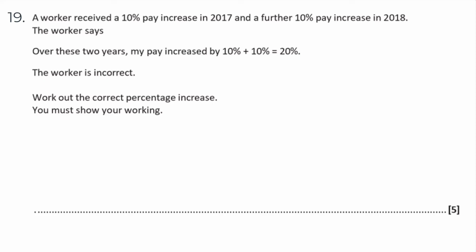So assume the value is £100, say. If we had £100 and we increase that by 10% in 2017, £100 plus 10%. 10% of 100 is 10, isn't it?